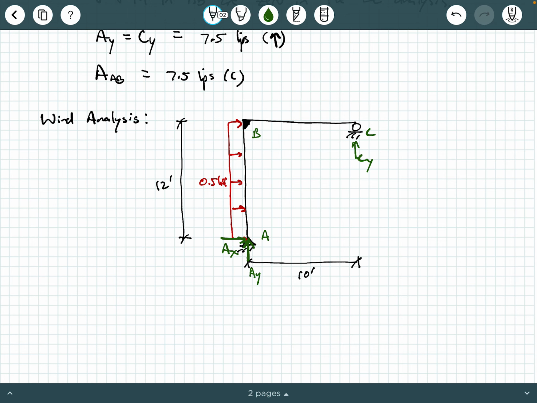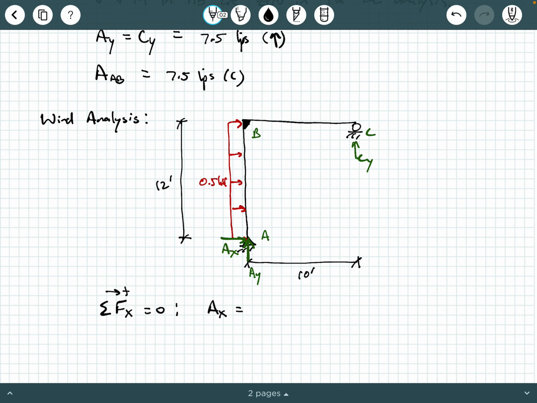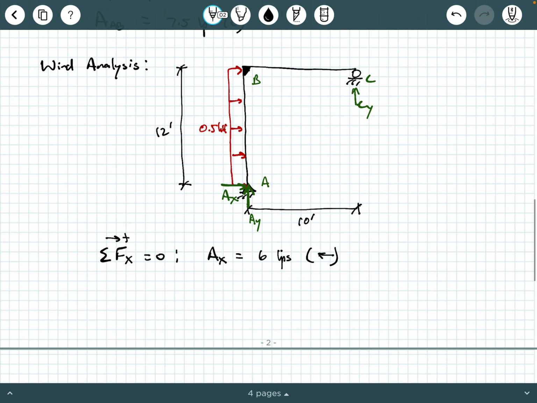What we can do now is apply equilibrium equations to solve for these reactions. Okay, so clearly we can say sum of the forces in the x direction equals 0. And when we do that, we'll come to the conclusion that AX equals 6 kips pointing to the left. Again, I'm kind of skipping some of my equilibrium steps because you should be comfortable with that by this stage of your academic career.